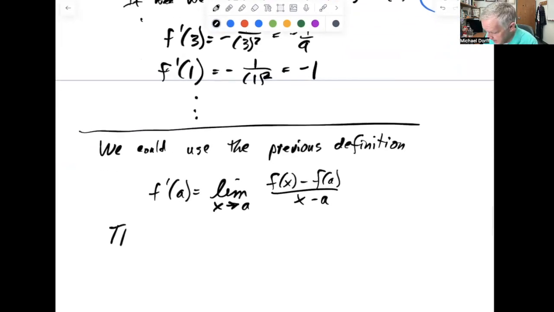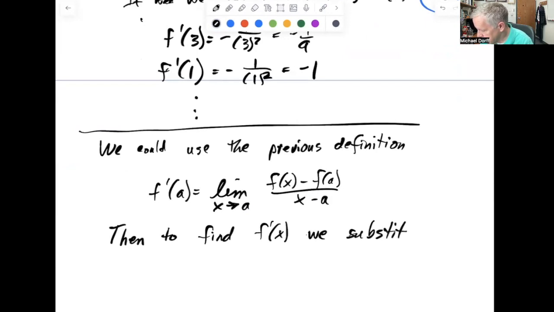Then to find f prime of x, we substitute x equaling A into f prime of A.